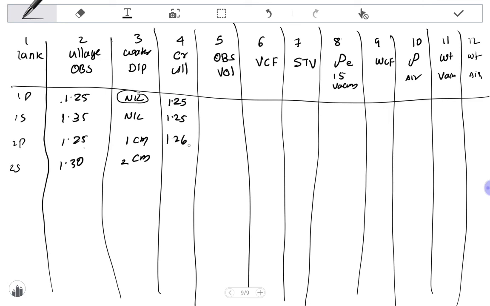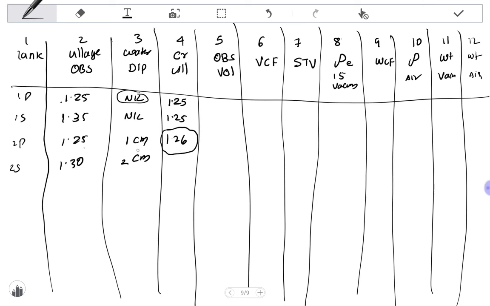Now you must be thinking why you add 1 centimeter. So this ullage is for finding the cargo space.